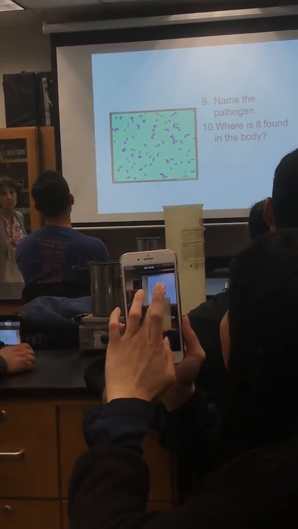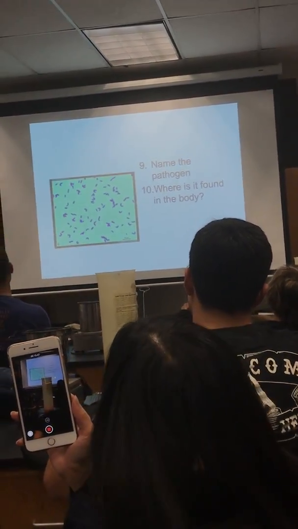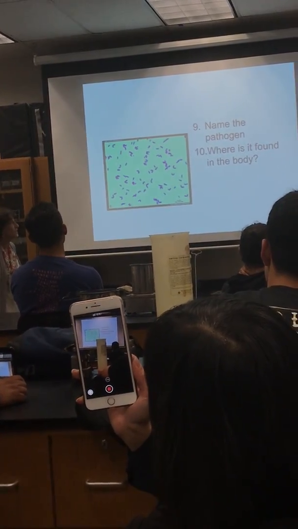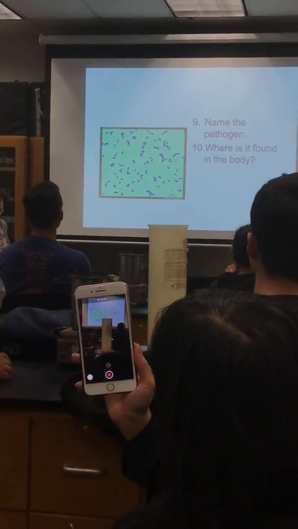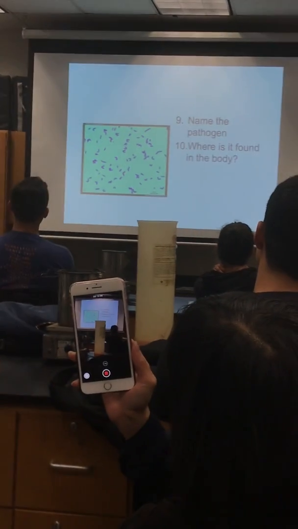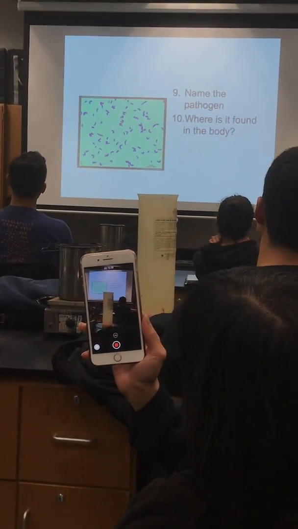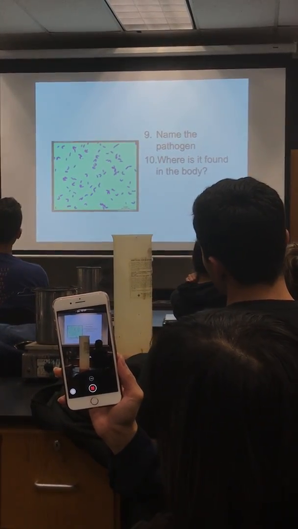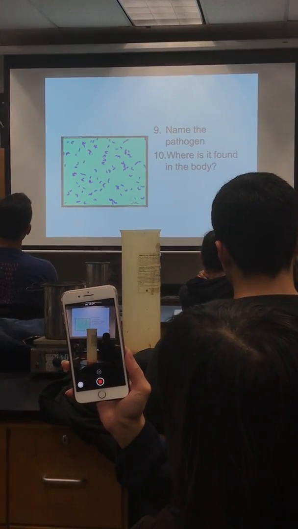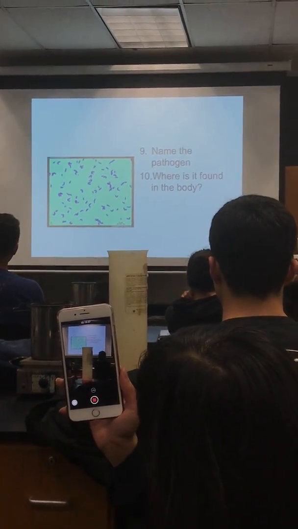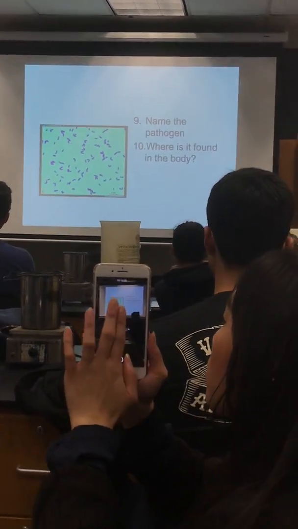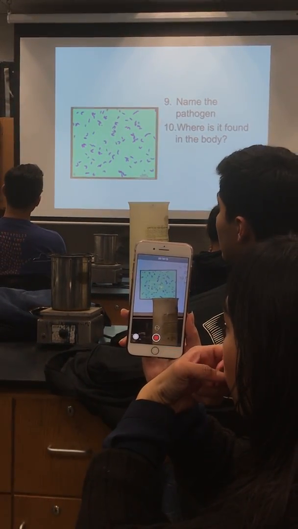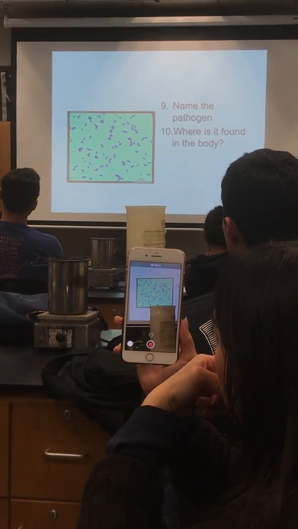I told you there was only one that looks like this. Corynebacterium diphtheriae. Where is it found in the body? The back of the throat. It produces a toxin that circulates around the body, and that's what causes the damage. So the organism lodges in the back of the throat. It's the only gram-positive, non-endospore forming rod that you had in that collection.